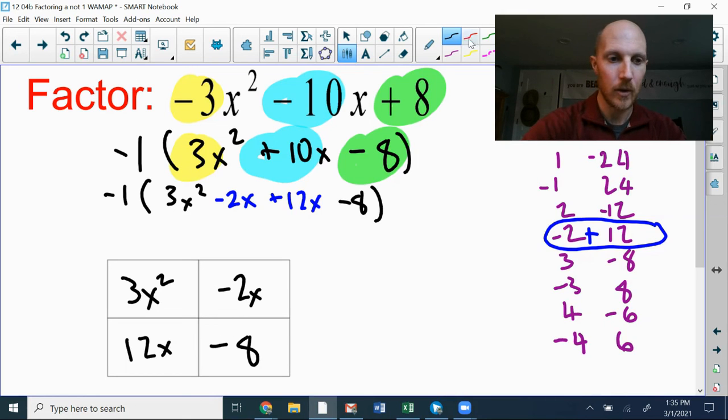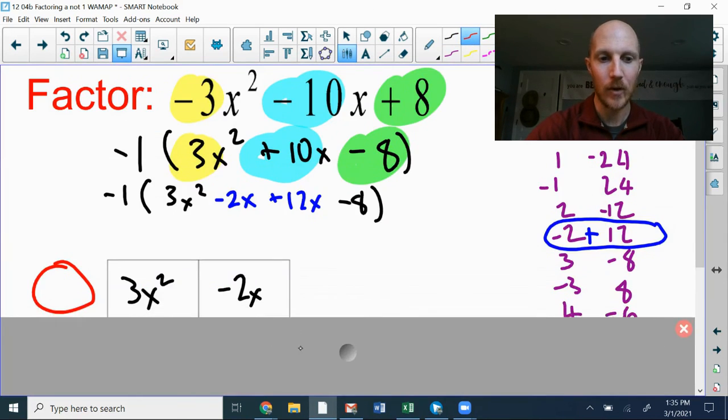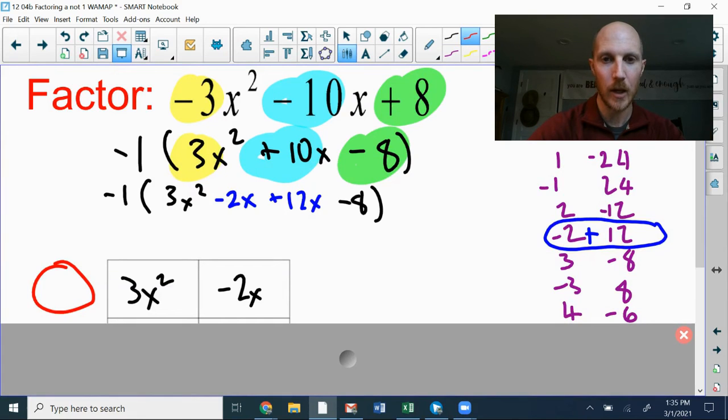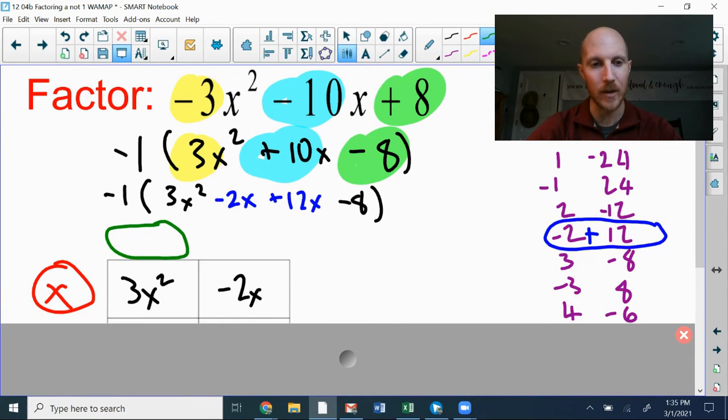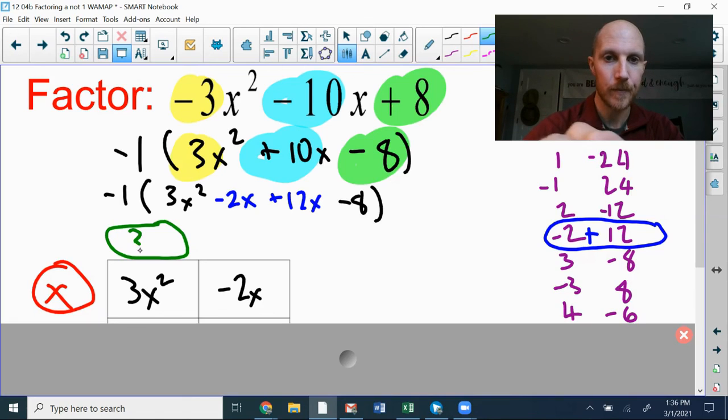All right, so let's look across this top row. Greatest common factor for 3x squared and negative 2x is going to be an x. Mystery number here, that red x inside the circle, x multiplied by what would give me that answer of 3x squared? That's going to be a 3x. Move my mystery number circle.